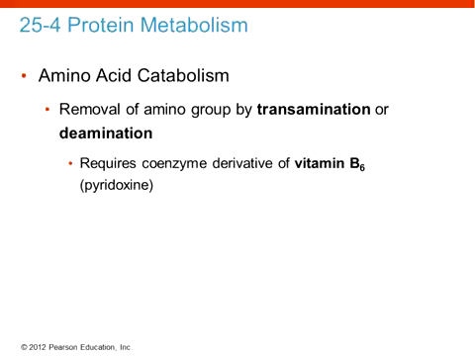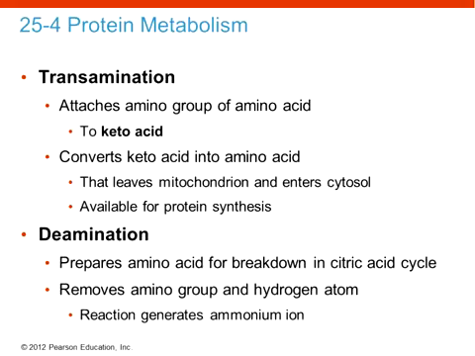So for amino acid catabolism to take place, one of the first things we have to do is remove the amino group by transamination or deamination. Either we move it or we remove it completely. This requires vitamin B6 in order to take place. Transamination attaches the amino group of an amino acid to a keto acid, and the keto acid can be converted into an amino acid, which will then be available for protein synthesis.